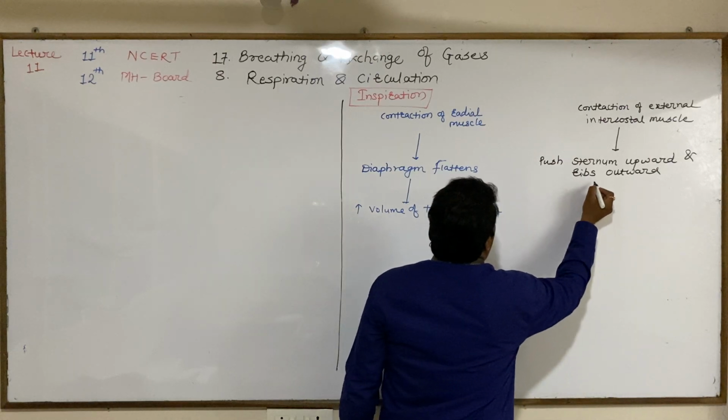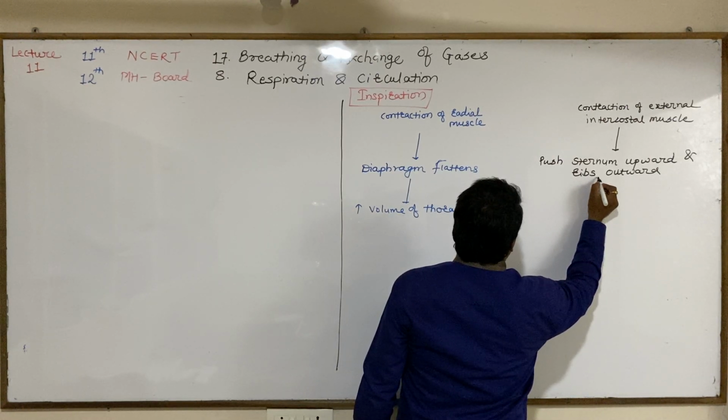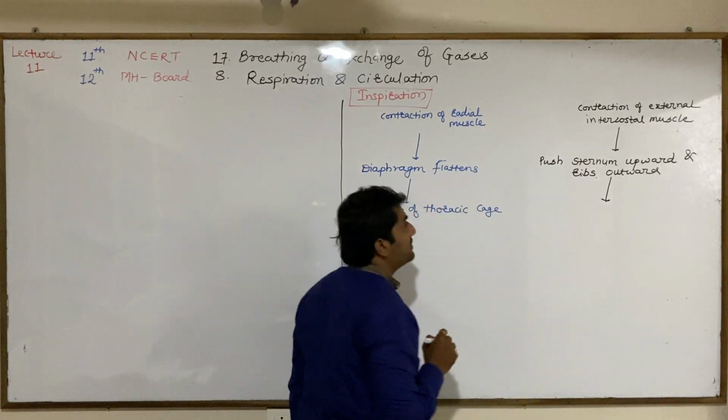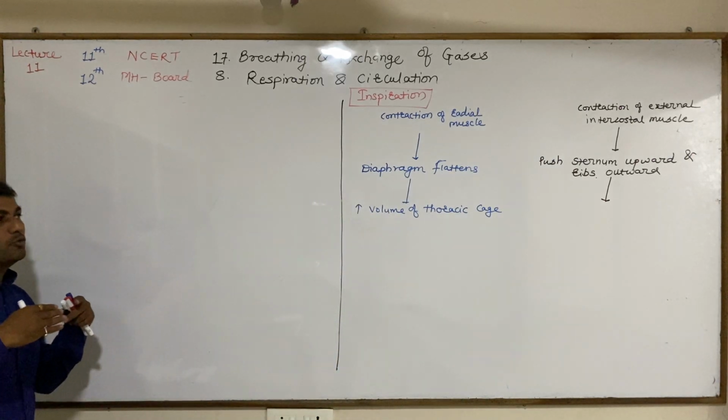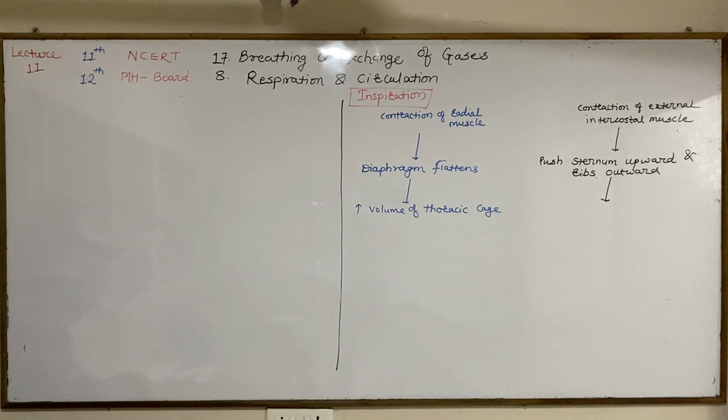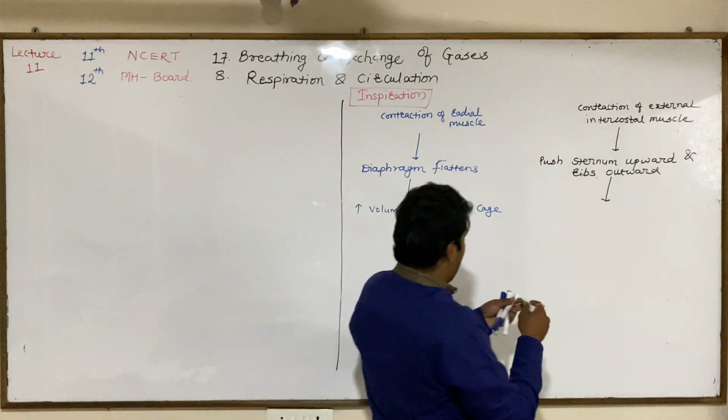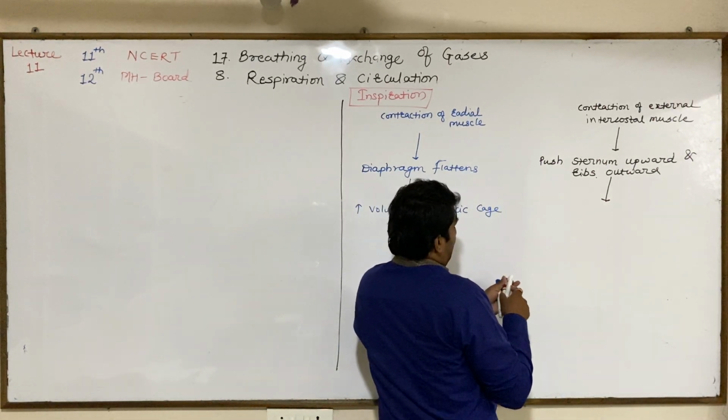And what will happen? The result of this is that when the sternum goes upward and the ribs go outward, it causes a further increase in the volume of the thoracic cage.